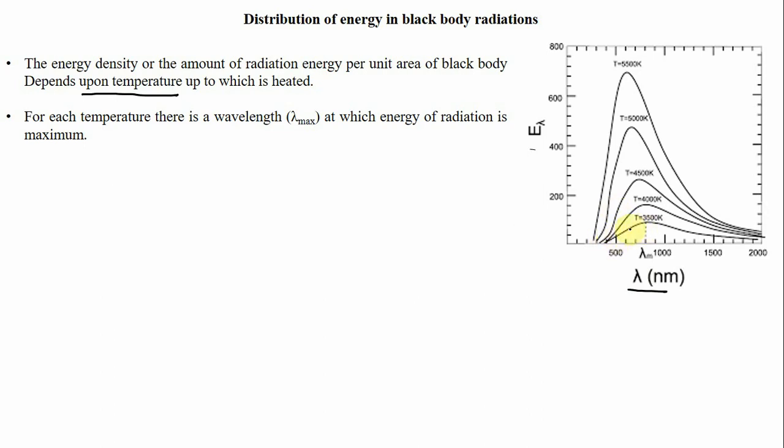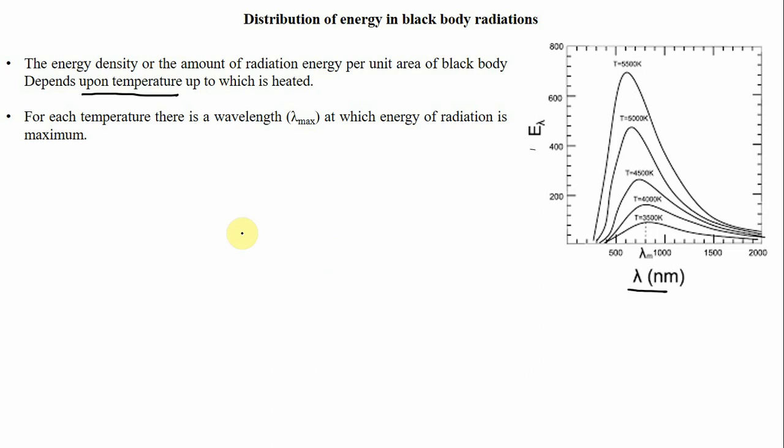For example, this curve carries the energy density. So when it is heated at 3500 Kelvin, it has a low energy density as compared to when it is heated at the high temperature 4500 Kelvin. So you can easily see here it has a very high energy density. So the energy density, or the energy of these black body radiations, increases with increasing temperature.